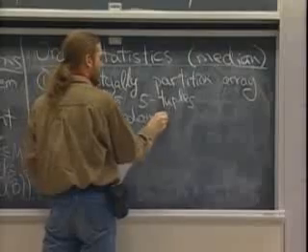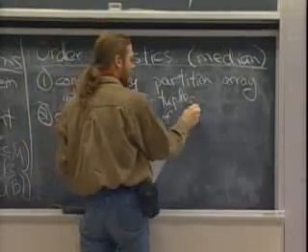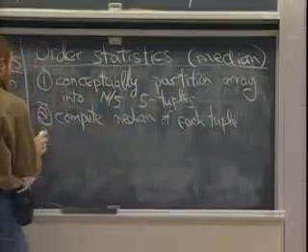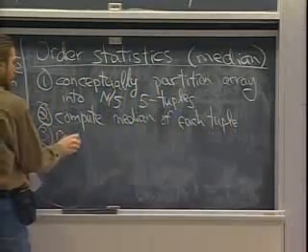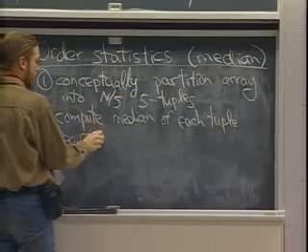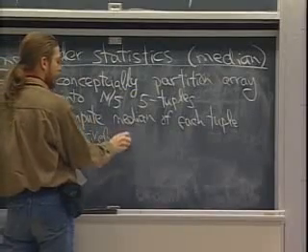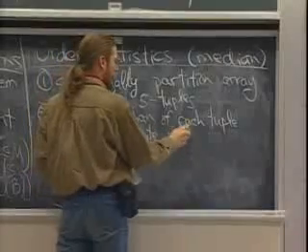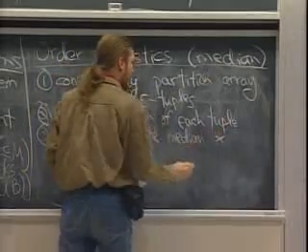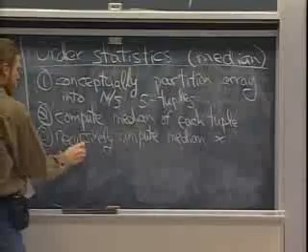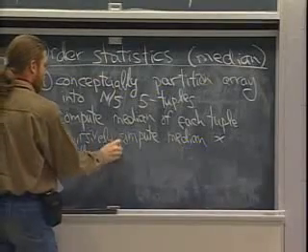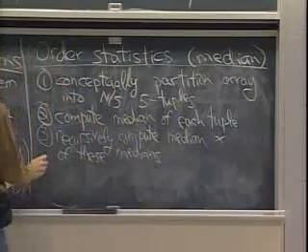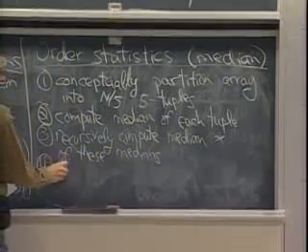You compute the median of each 5-tuple. Then you recursively compute the median of the medians, of these medians. Then you partition around x.